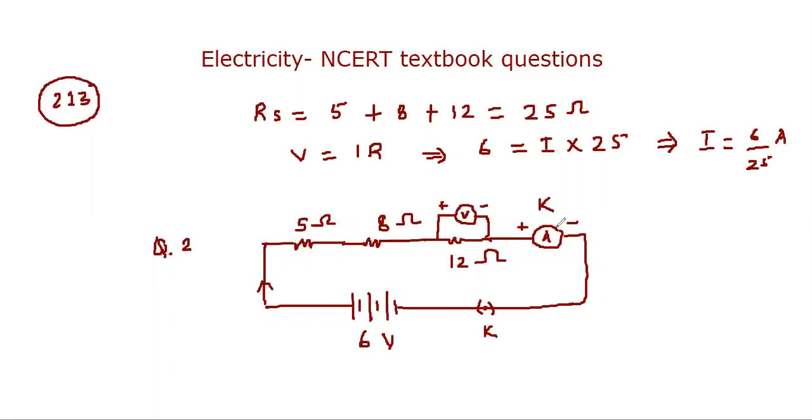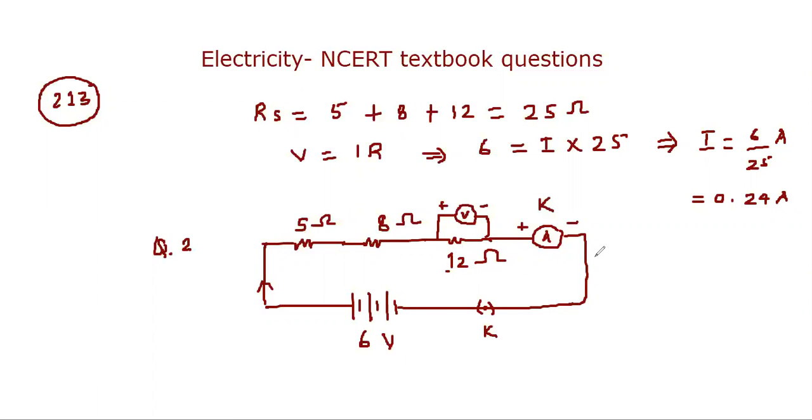So we have got the value of ammeter. Ammeter reads the current, so it will be 6 by 25 ampere. Or if we further simplify, we will get 0.24 ampere.